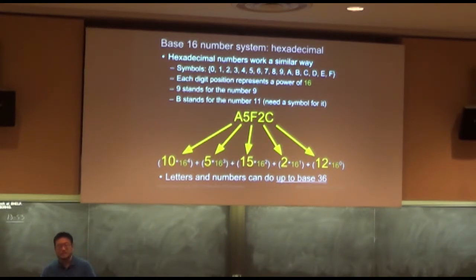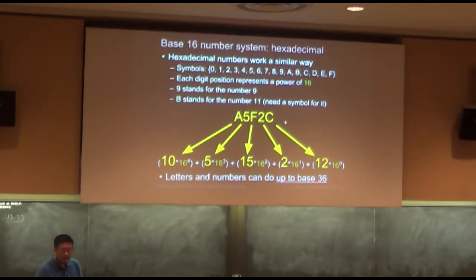One logical way to steal those symbols is to add A, B, C, D, E, F to the numbering system. So the meaning of these symbols is 0, 1, 2, 3, 4, 5, 6, 7, 8, 9, 10, 11, 12, 13, 14, 15. So using these symbols, we can put them together as powers of 16 with a number like this, A5F2C.